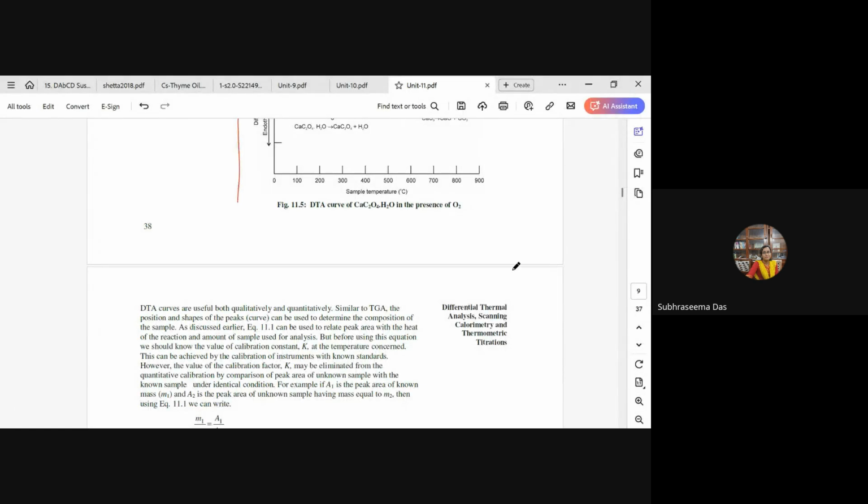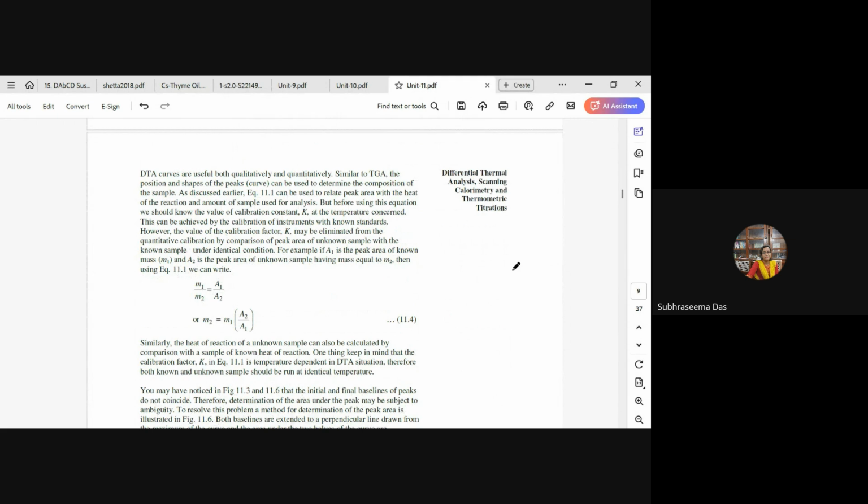DTA curves have also been used both qualitatively and quantitatively. The position and the peak area can be used to determine the composition of the sample. From equation 11 that we have discussed, peak area and the heat of the reaction can be related. Let us say the calibration factor K can be eliminated.